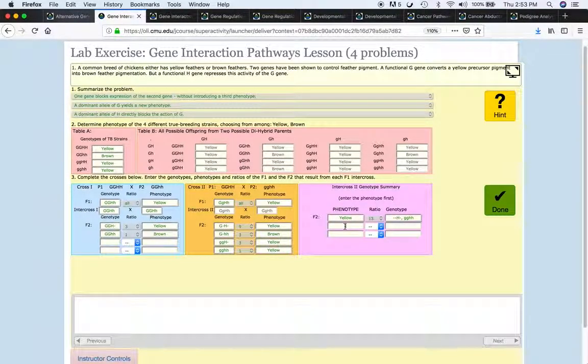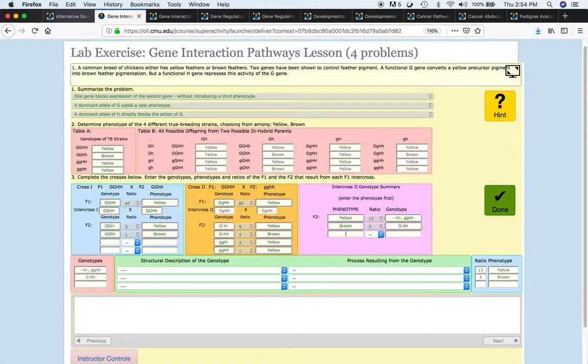In one case you can get brown, and 3 of the 16 possible combinations are brown, and in this case that is the only genotype that will give you brown chicken.